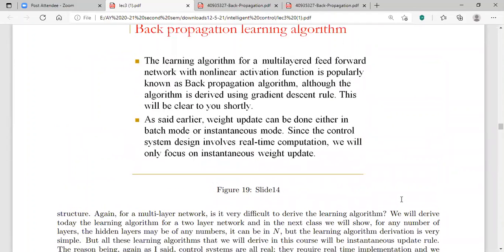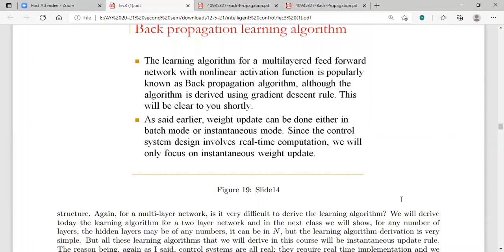So define backpropagation algorithm means, for 2 marks or 1 mark question, you can write this sentence. The learning algorithm for a multi-layered feed-forward network with nonlinear activation function is known as a backpropagation algorithm.